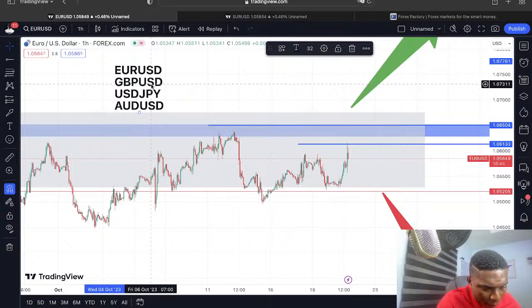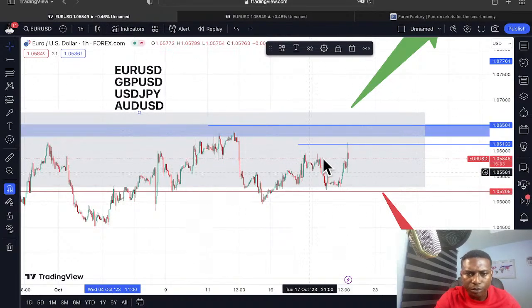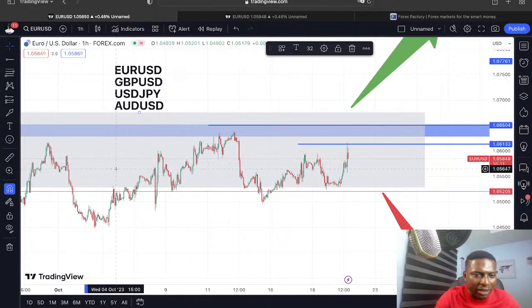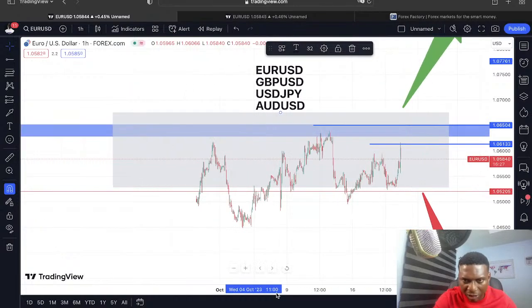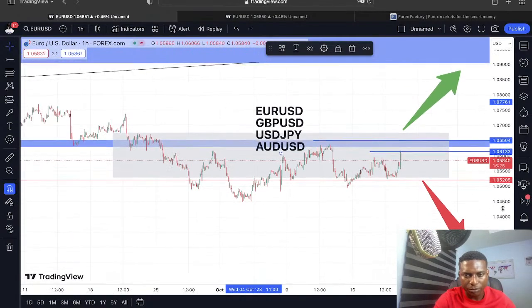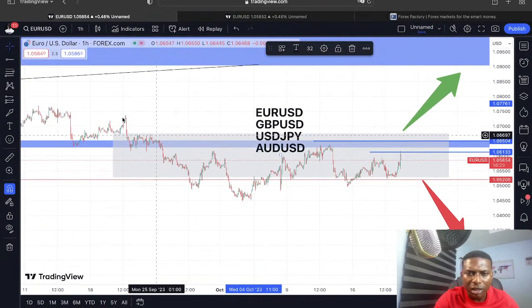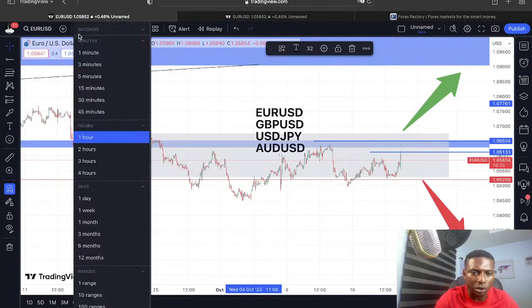Someone is asking, where is Euro USD likely going to reach before it retraces? Right now you can see that it is definitely ranging here.